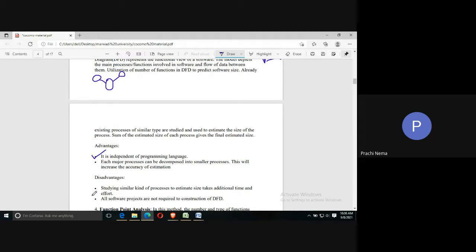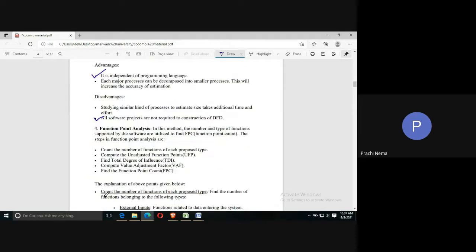The disadvantage is that not all software projects are required to construct a DFD. It is not necessary to construct a DFD every time for every kind of project. If you don't have a DFD for a particular project, then how will you estimate size? So you cannot generalize this technique. These are a few advantages and disadvantages of the third technique, the number of processes in DFD.